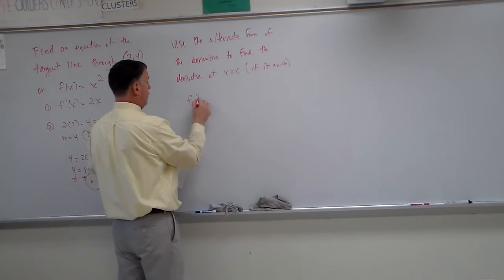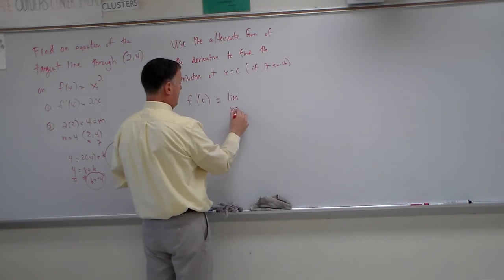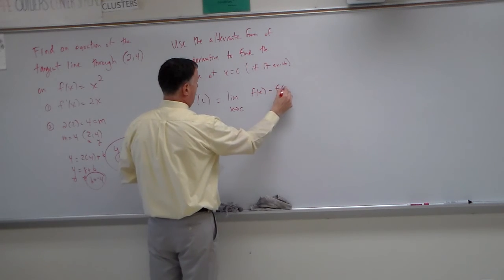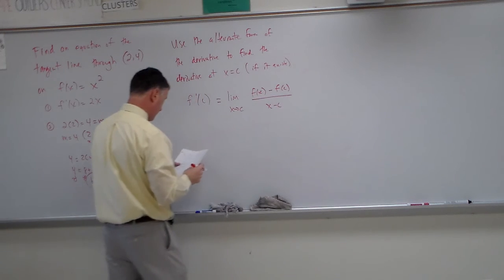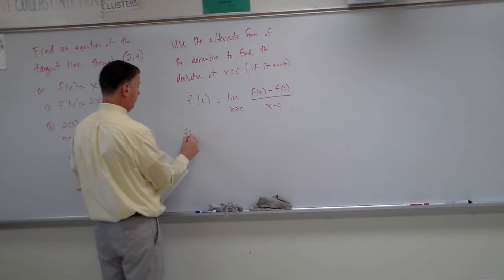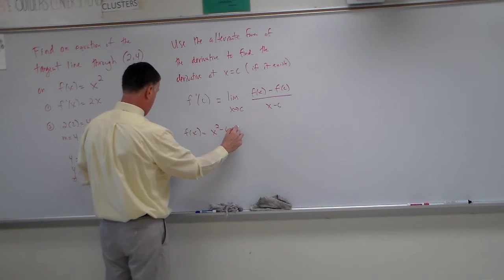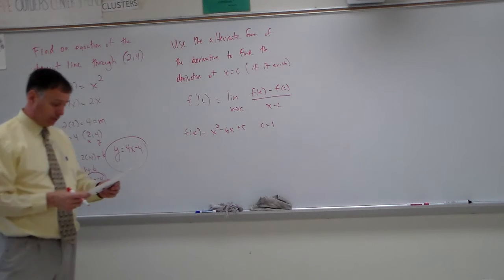Here's your alternate form of the derivative: the limit as x approaches c of f of x minus f of c over x minus c. And my function is x squared minus 6x plus 5, and c equals 1.